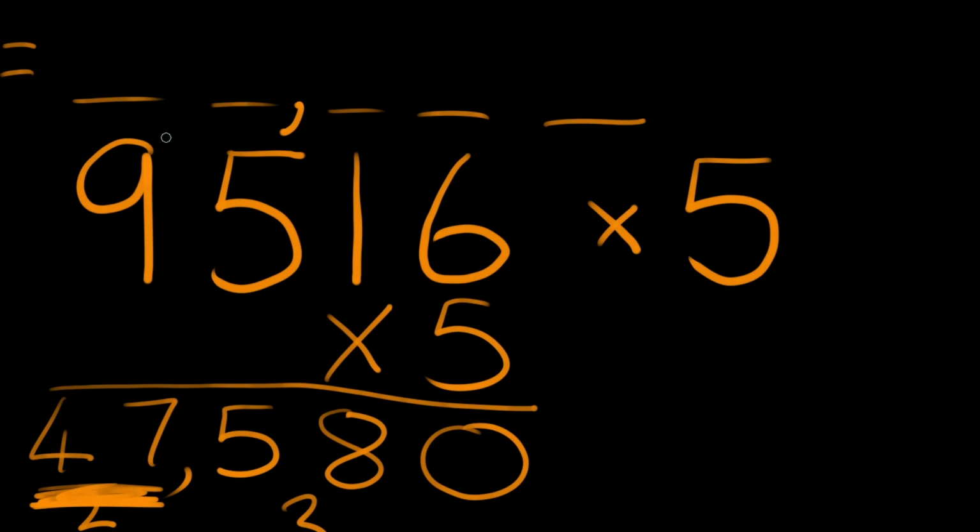Yeah. And the way I would look at this, if I was in a situation where I don't have any paper and someone says, what's 9,516 times 5? I'd quickly visualize that in my head to know that I've got tens of thousands. Then I'd start at this end. I'd even think about the are you odd question right at the very end. Let me show you how it works.